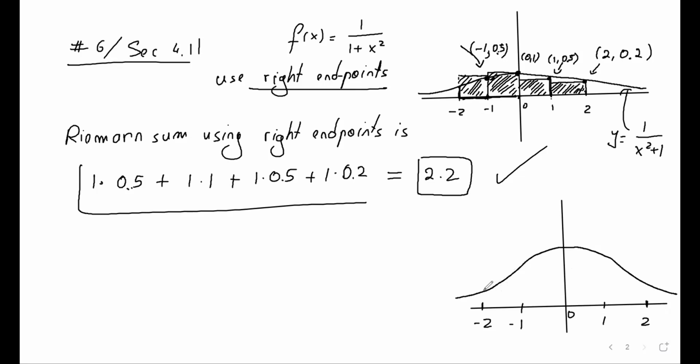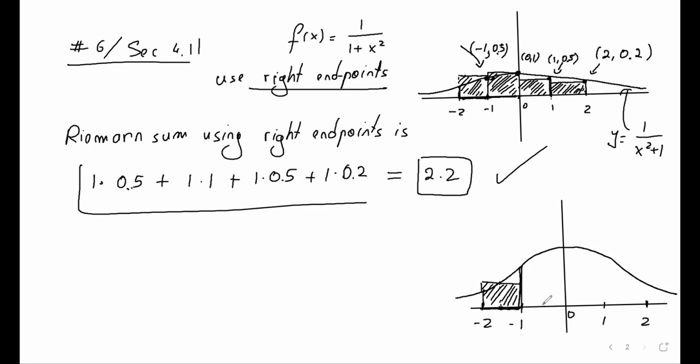What does that mean? It means that we're still going to use the exact same idea with rectangles, but the height of the rectangle above -2 to -1 should be the value of my function f at the midpoint. Whatever the midpoint is and whatever the value is, that's going to give me the desired rectangle.